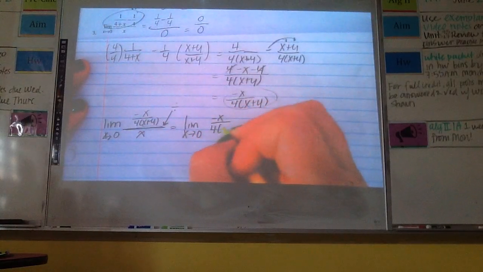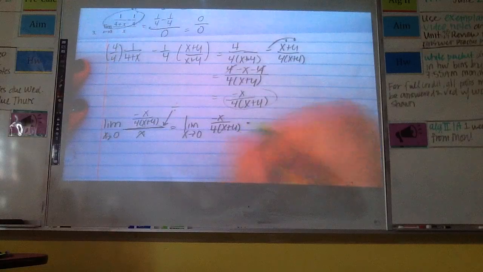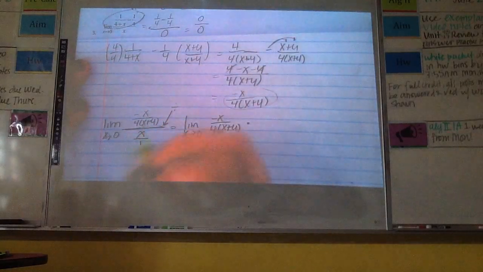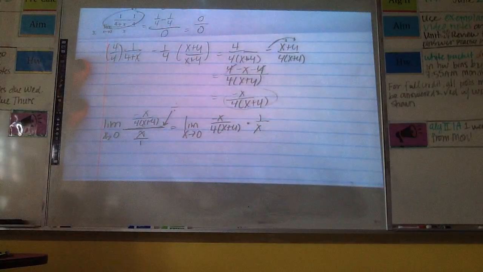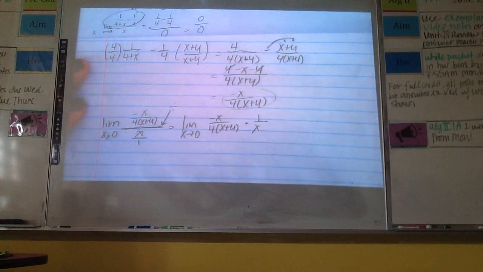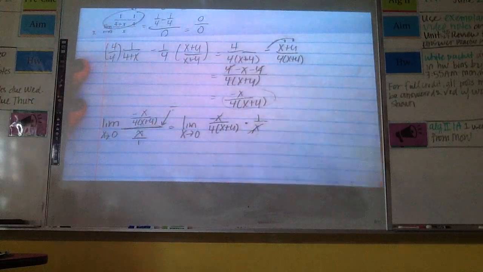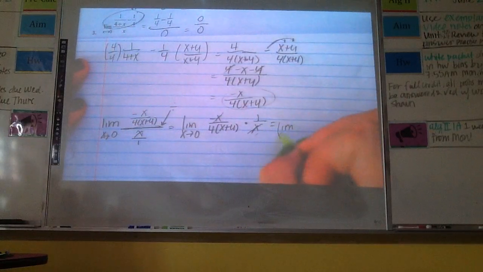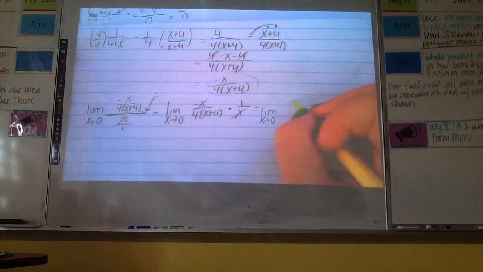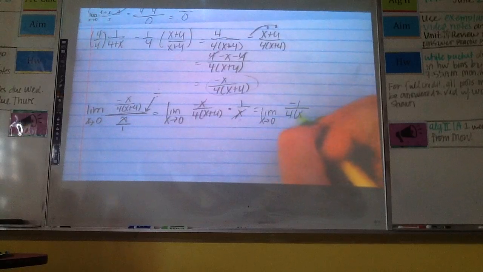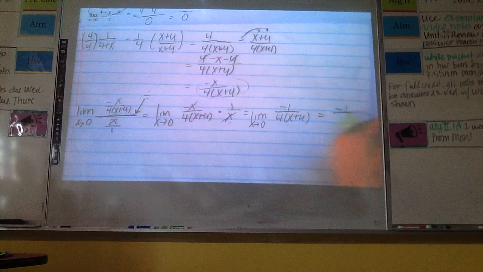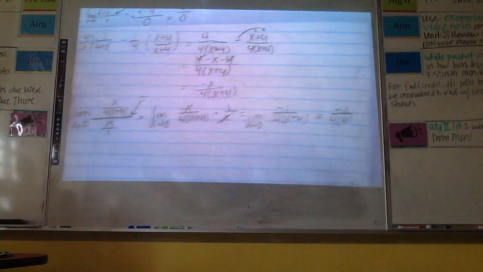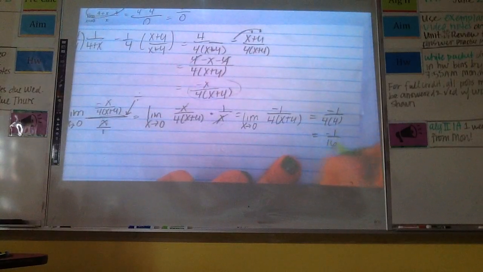So I keep the first fraction the same. I take this second fraction, x over 1, and I flip it to 1 over x. Now I'm no longer dividing, I'm multiplying. This is nice, my x's will cancel. I get the limit as x approaches 0 of negative 1 over 4 times the quantity x plus 4. Let's try substituting. You get negative 1 over 4 times 4. Oh, my limit is just negative 1/16.